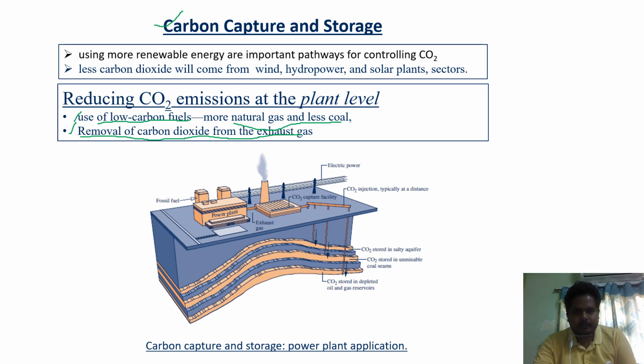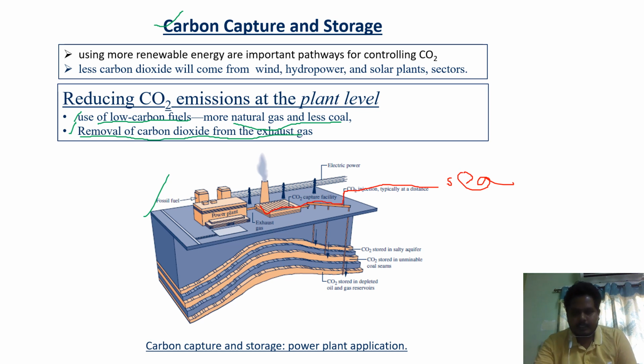As you can see here, this is the plant. Here the CO2 captured from the exhaust gas will be sent to, say, the seashore, at a low depth, so that we can take the CO2 away from the plant and from the atmosphere to the sea.